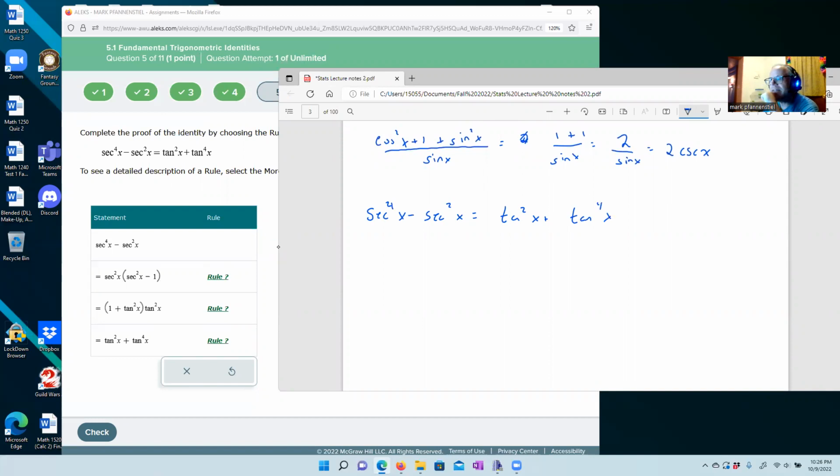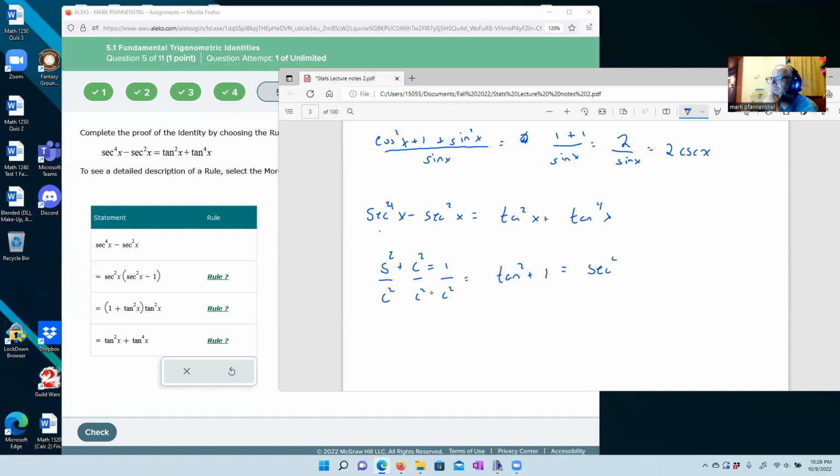Now I've got secants and tangents here, and usually when I have sine squared plus cosine squared equal to 1, if I divide everybody by cosine squared, we get sine squared over cosine squared, which is tangent squared, plus 1 is equal to secant squared. So that's kind of what I'm looking for here.